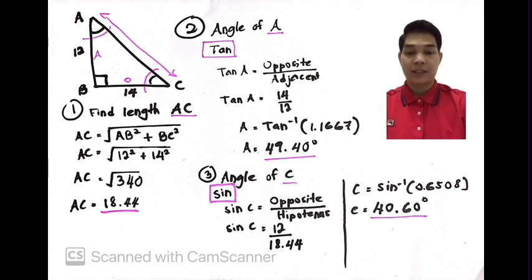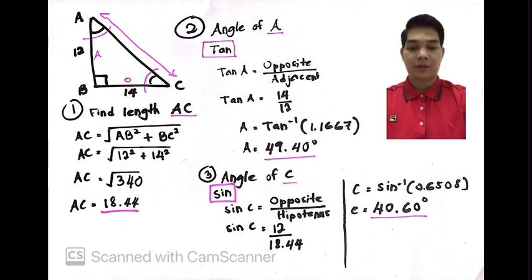Okay, the last one, find the angle of C. We use sine. If you can see, sine C equals opposite over hypotenuse.